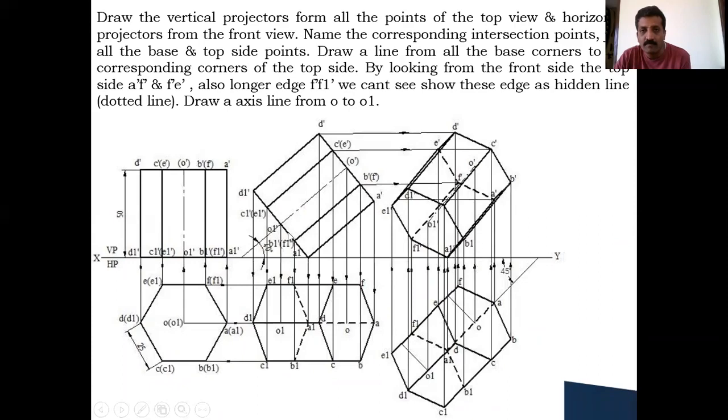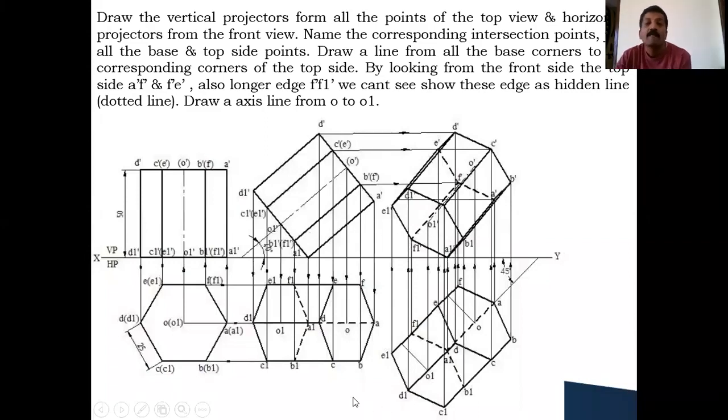B1 is here, B1 dash is here, this is B1. C1 is here, and C1 dash is here, this is C1. D1 is here and D1 dash is here, this is D1. E1 is here and E1 dash is here, this is E1. F1 is here and F1 dash is here, this is F1, and axis point O1 is here, O1 dash is here, this is O1.